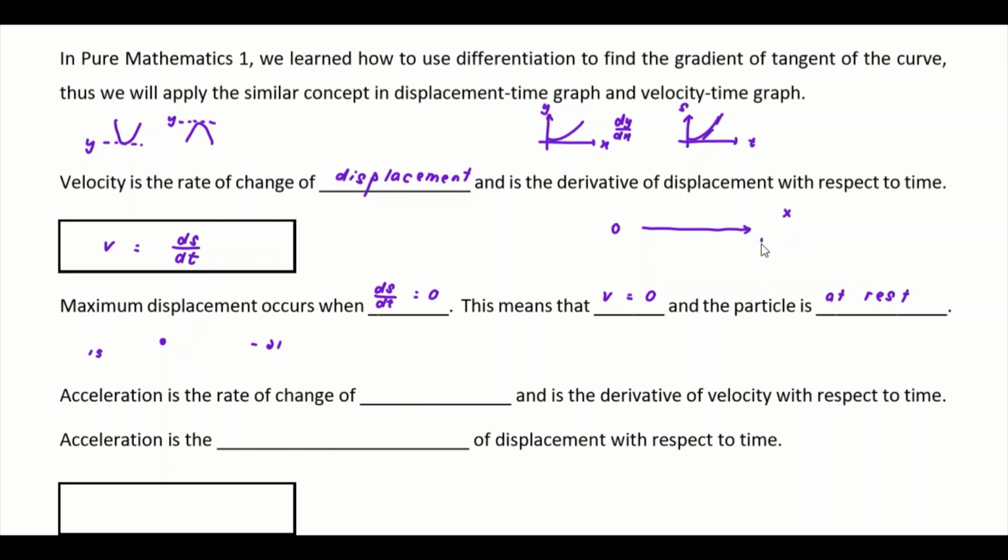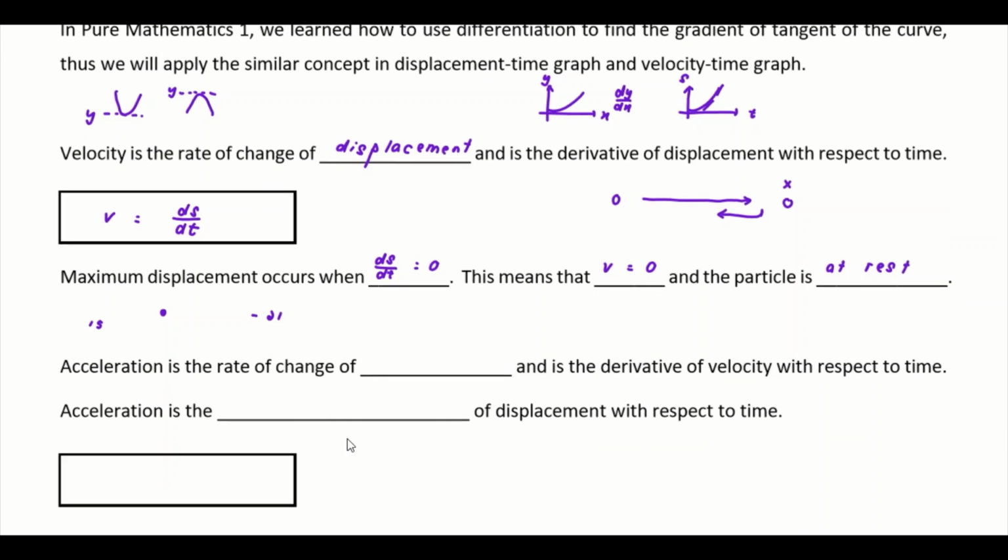Either it stopped and doesn't move at all, or this is the point where the particle changes direction. If there's a change of direction involved, the particle will actually stop for a while, and only after that go back. So when the particle reaches the maximum displacement, ds dt is 0, and logically this is where the particle stops, so your velocity is 0.